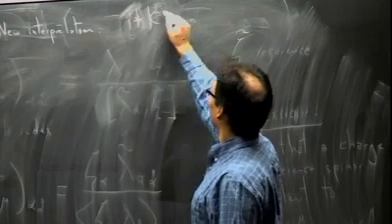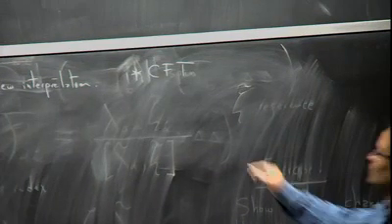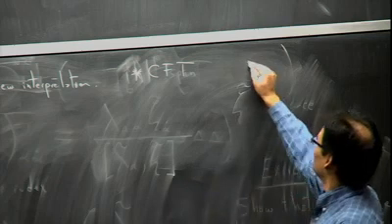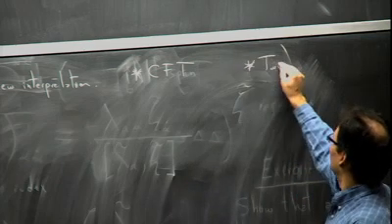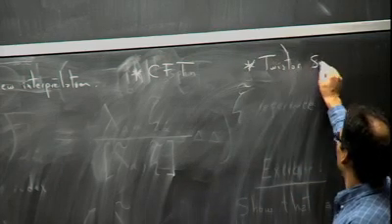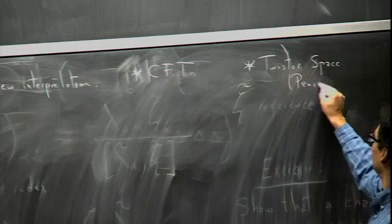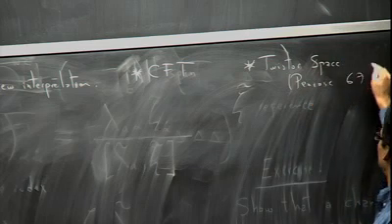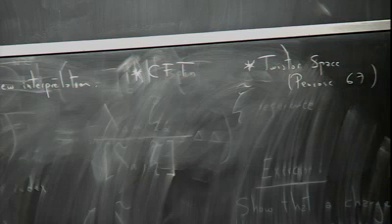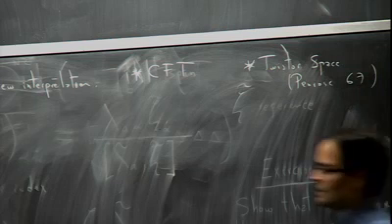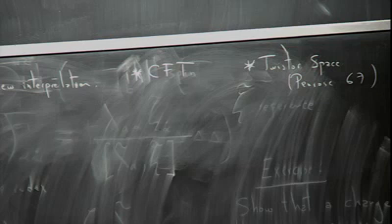Well, he knew two things. One, here is advertisement for CFT, so keep working hard on CFT. That's very useful. But he also knew twistor space as developed by Penrose in '67.